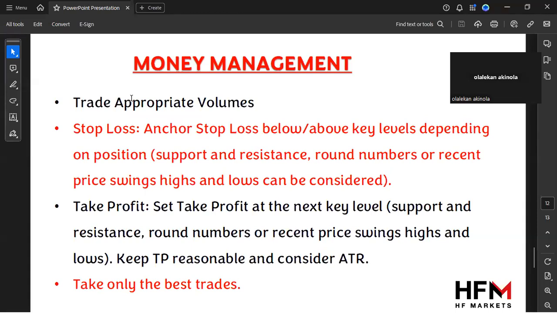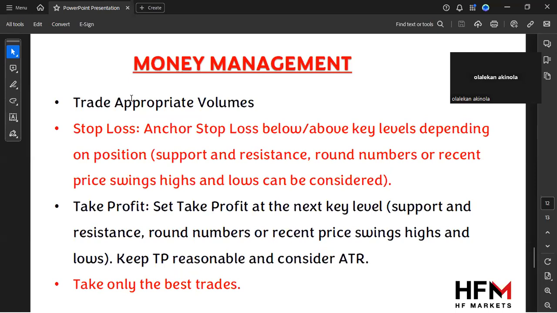Very important. And also still making sure you take only the best trades. That's one thing that every client needs to have at the back of their minds. Your attention should always be, how can I get in on the best trade? And how do you get in on the best trade?